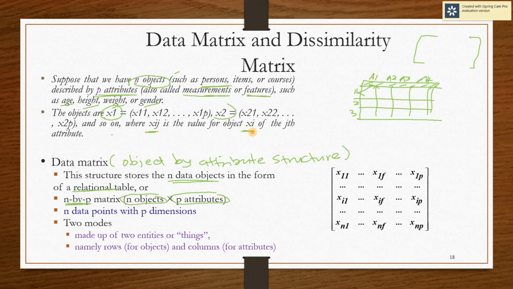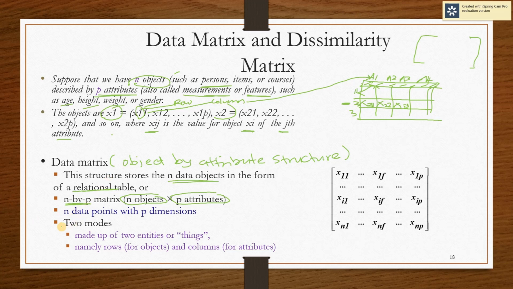Same goes for the second object or second row, X2. This one would be X2,1, this one X2,2, and X2,3.